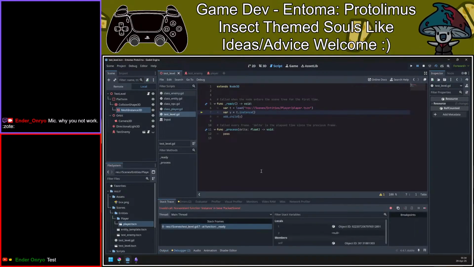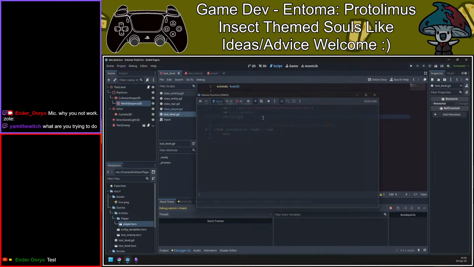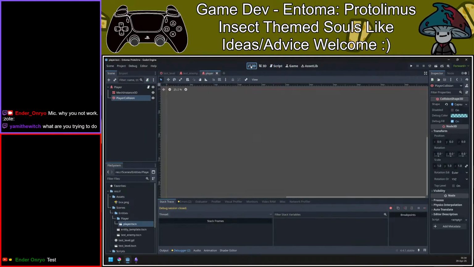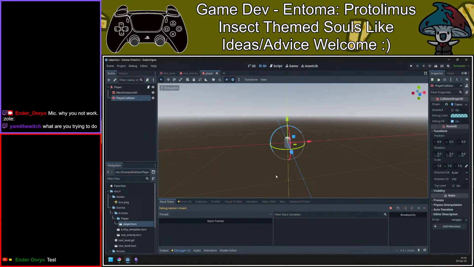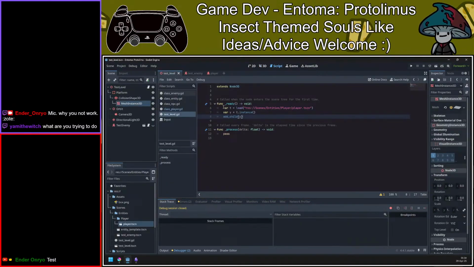Non-existent function instance. What are you trying to do? I'm trying to just summon the player prefab directly into the test level via the script rather than generating it via code, because apparently we can't do textures via code.